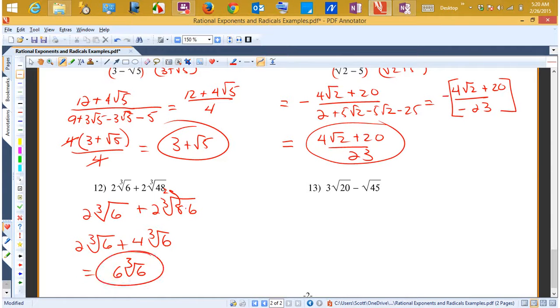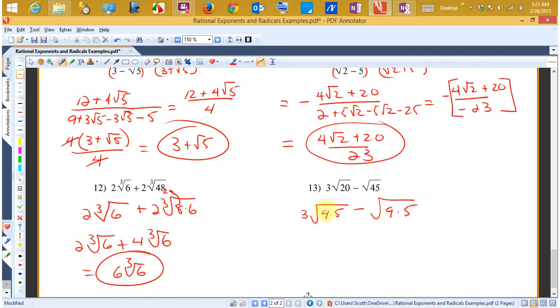Okay, over here, I have to do something similar. So what I'm going to do is I've got 3 times the square root of 20. Let's make that 4 times 5. And over here, I've got the square root of 45, and let's make that 9 times 5.